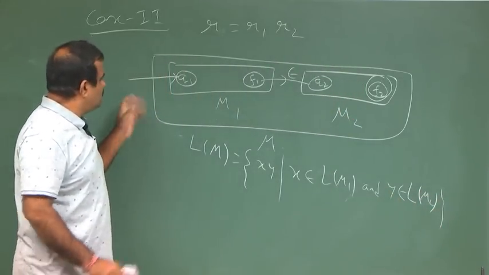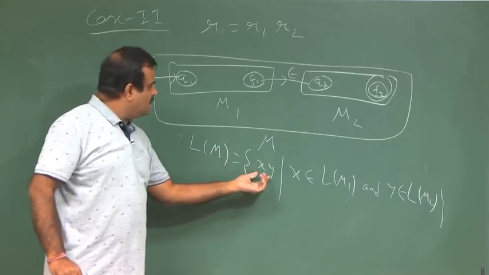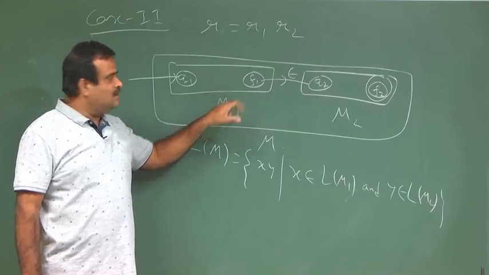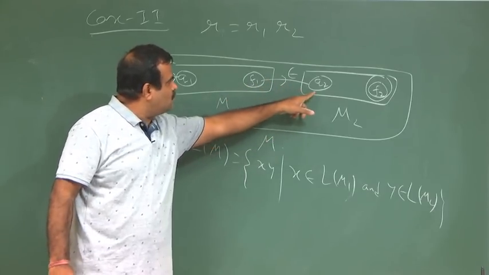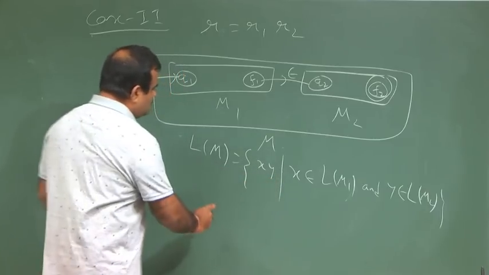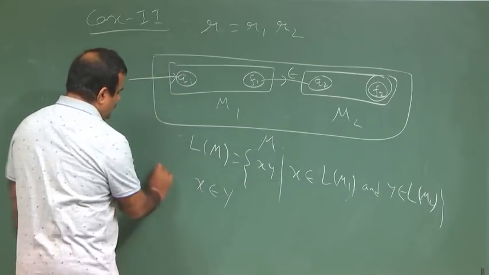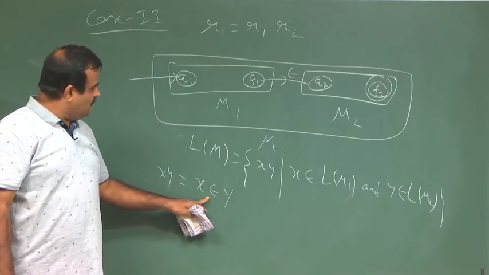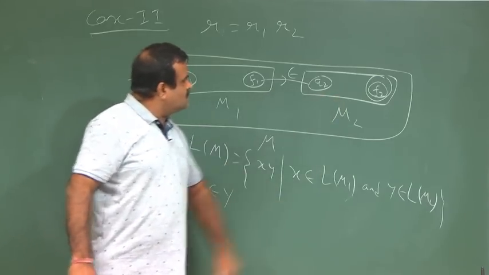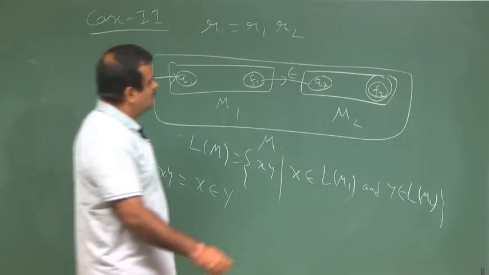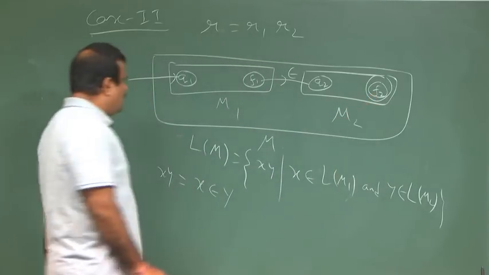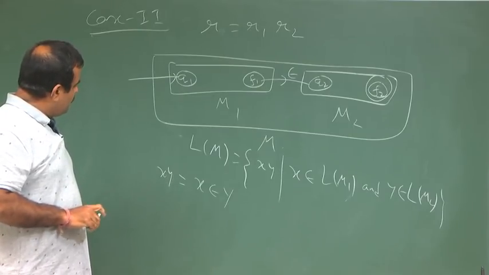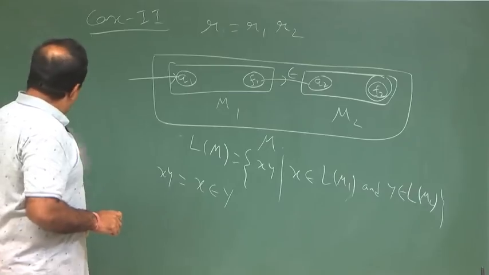It can easily be verified, because if we take a string x y, we start with this, then with the x we reach f1, then from there we take an epsilon move and go to q2, then with the y, because x y can be written as x epsilon y, epsilon being the null string, we will go to the final state. So, f2 is the final state of this.